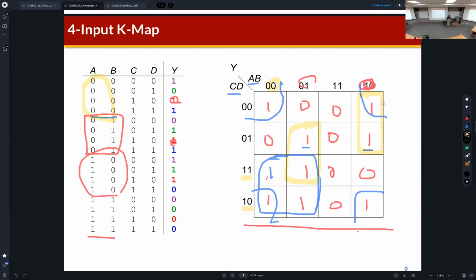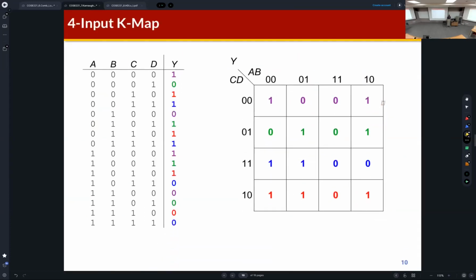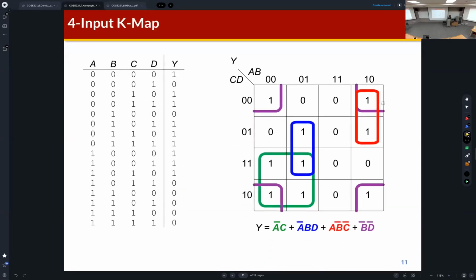Then using it like this, and then using the prime implicants, we can optimize the Boolean equation. So actually, you can find the optimized Boolean equation here. Okay.